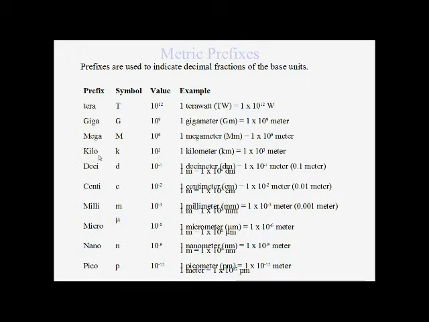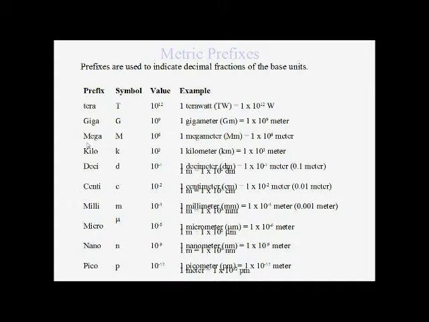The first one is kilo, with symbol lowercase k, and this is for 1,000. If we stick it in front of a meter, a kilometer would be 1,000 meters.